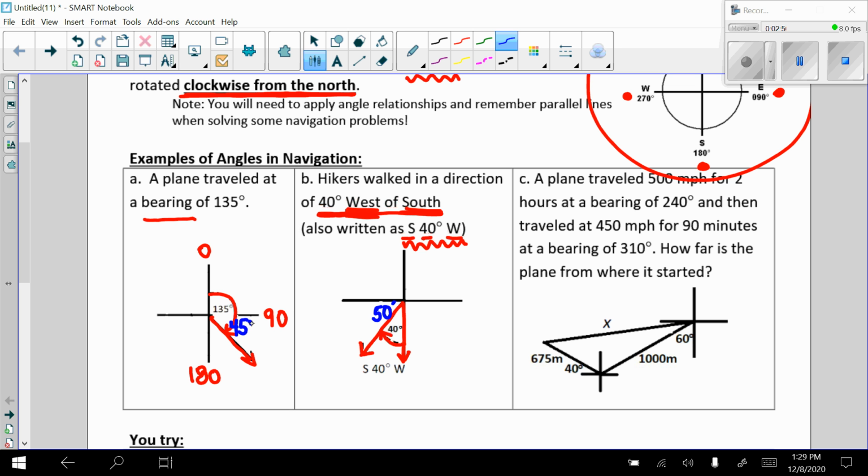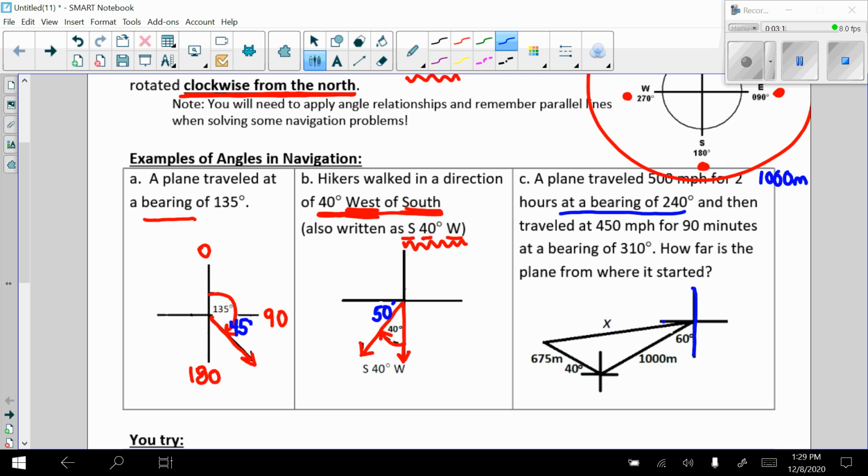The third example says a plane traveled 500 miles per hour for 2 hours. So first of all, 2 times 500, it traveled 1,000 miles. And it says it traveled at a bearing of 240 degrees. So notice what we do.